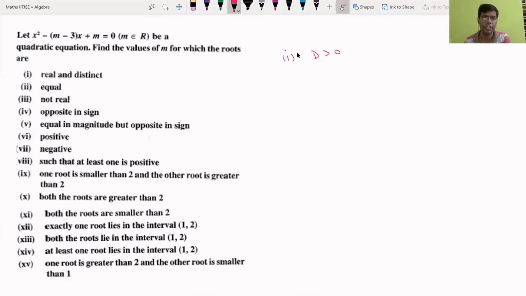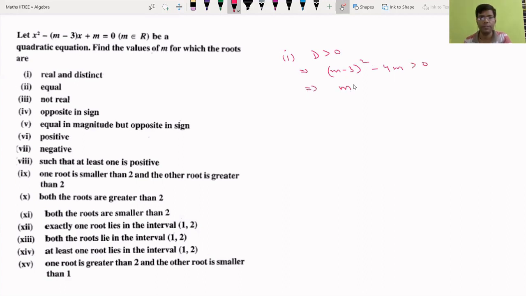So for real and distinct, my discriminant has to be greater than 0. So what is my discriminant? This is b square minus 4ac. So this is m minus 3 whole square, this is my b square, minus 4, a is 1 and c is m. So this is greater than 0.